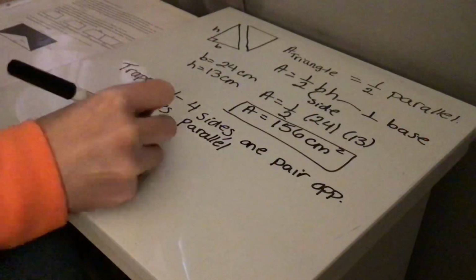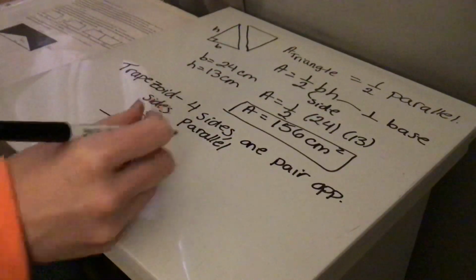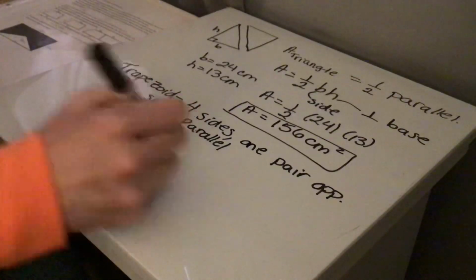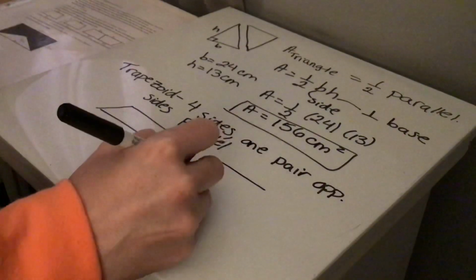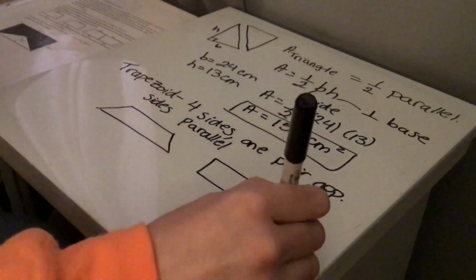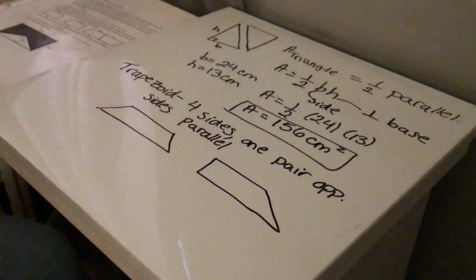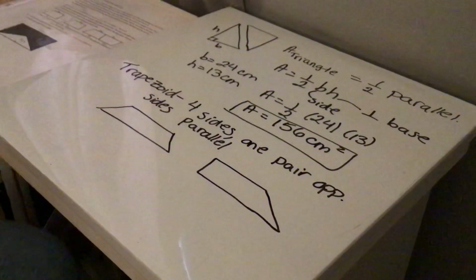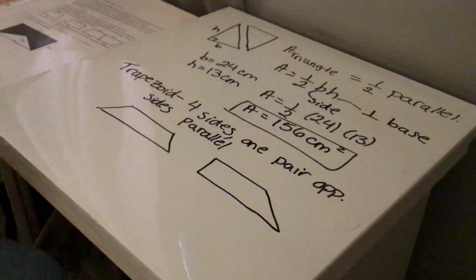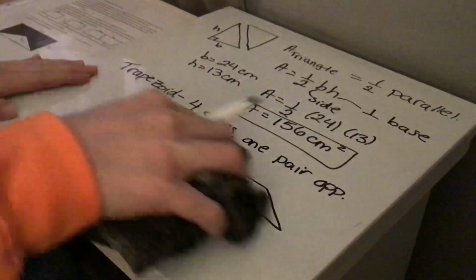So these are my parallel sides. These two sides are not parallel. So that's an example of a trapezoid. Another one would be here are parallel sides, and then these two sides are not parallel. As long as one set is parallel and the other set is not, then it's a trapezoid.